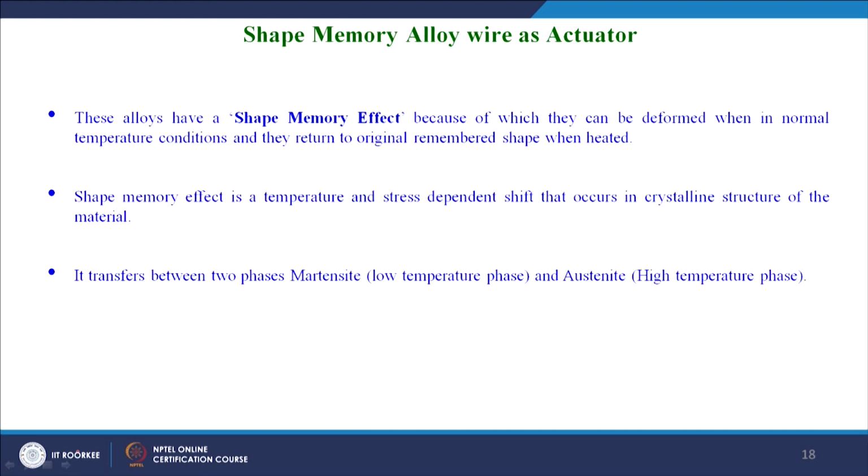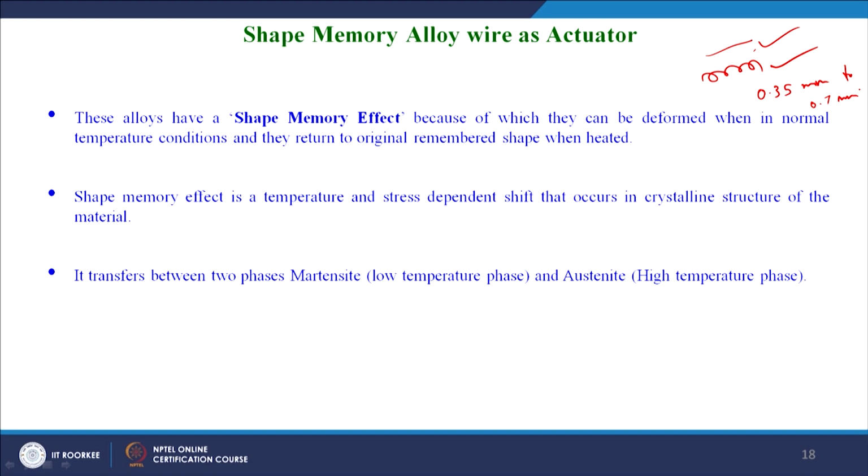Now, coming to shape memory alloy wires as actuators. They are available in two forms, straight wires or springs, with diameters varying from 0.35 millimeter to roughly 0.7 millimeter.